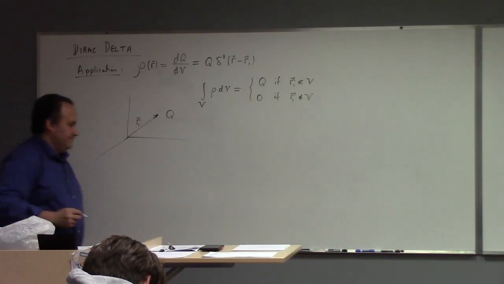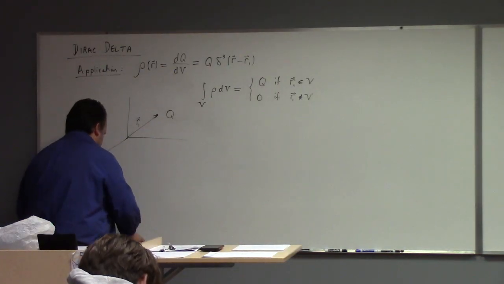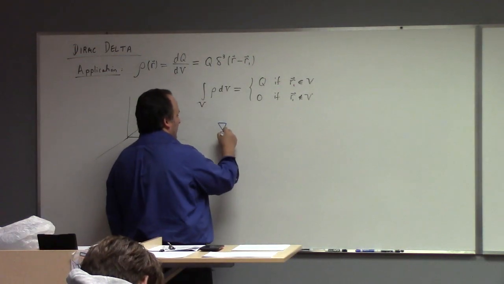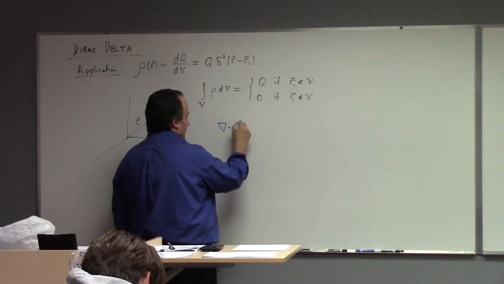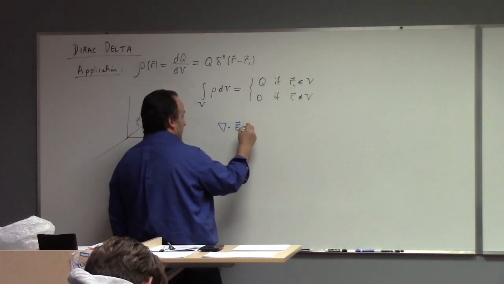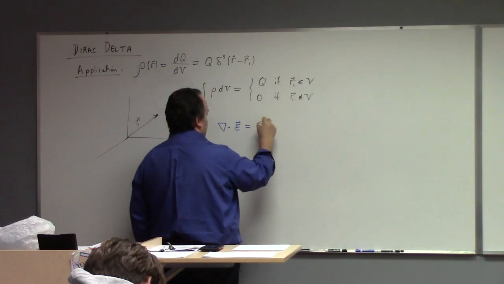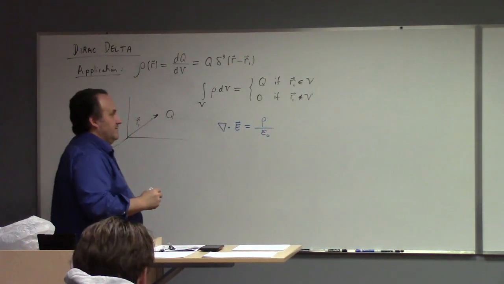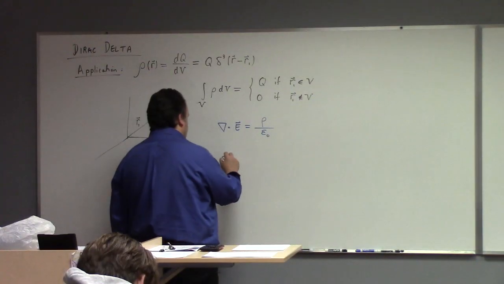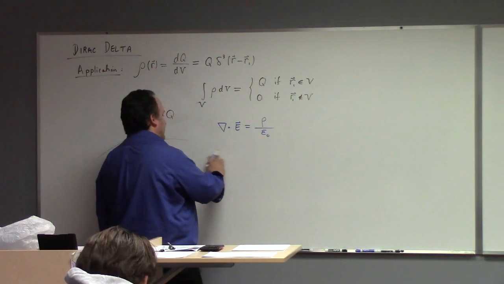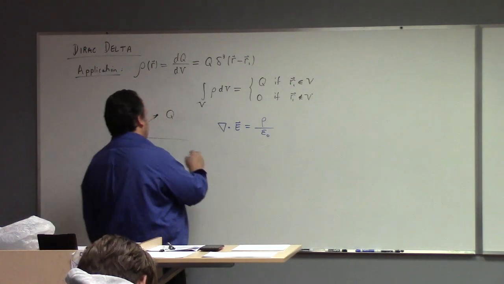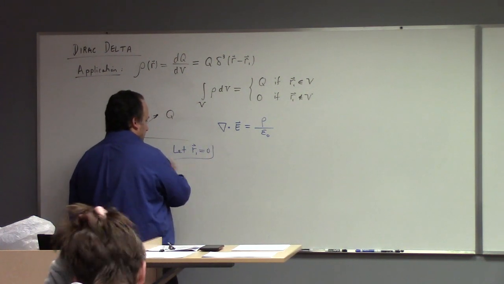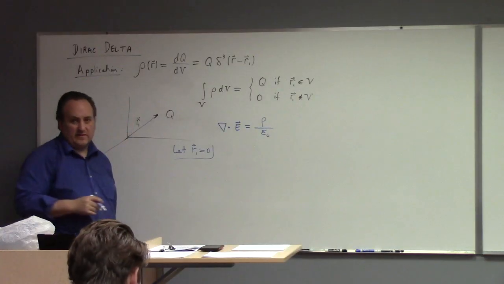Now, there's a lot of interesting mathematics here as well. Maybe you know, maybe you don't, but Gauss's law is that the divergence of the electric field is the charge density divided by epsilon naught. For the rest of this, let's let r1 equal 0, just to declutter things.